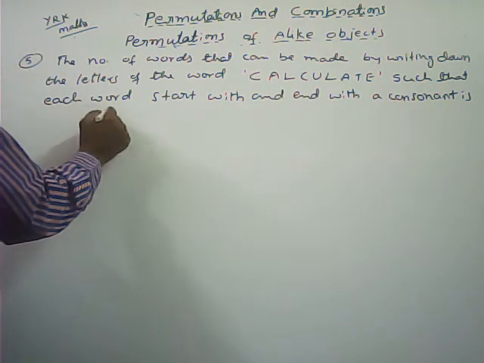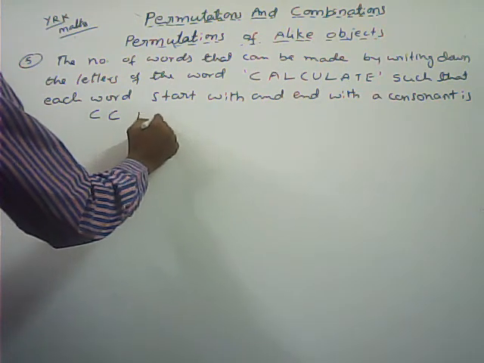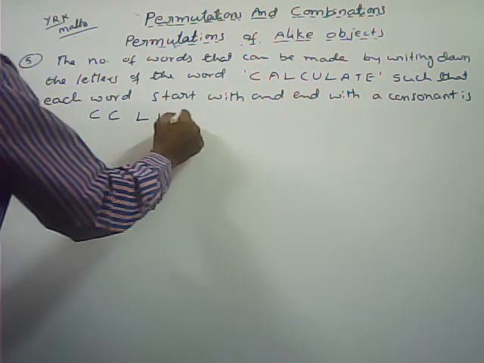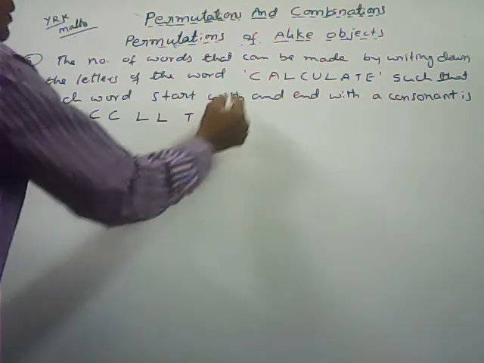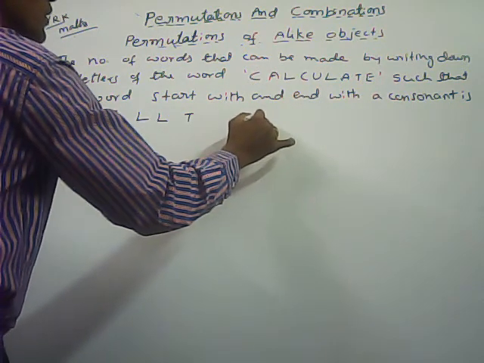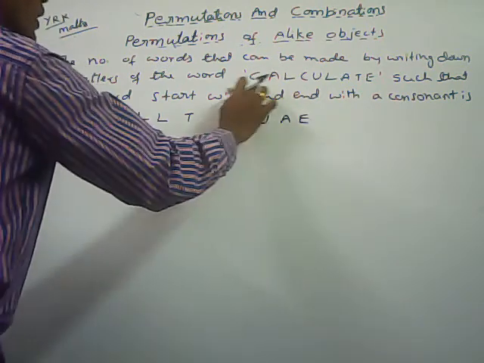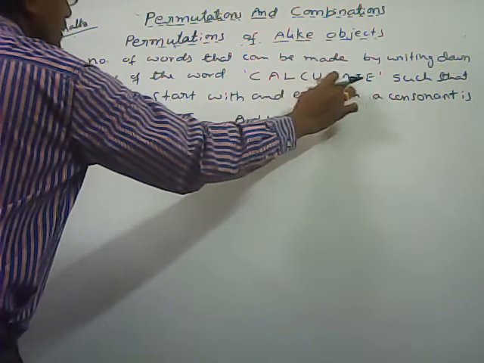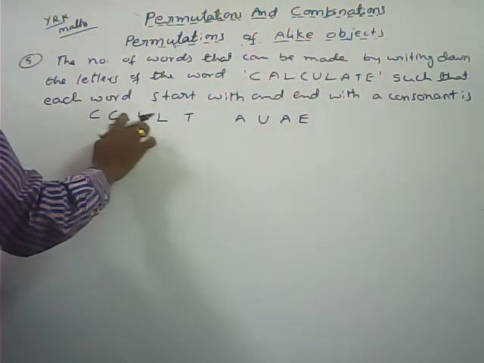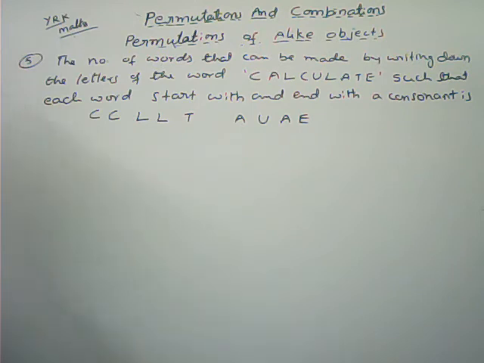C, C, L, L, T. Vowels: A, U, A, E. 1, 2, 3, 4, 5, 6, 7, 8, 9. So 5 consonants are there and 4 vowels are there.